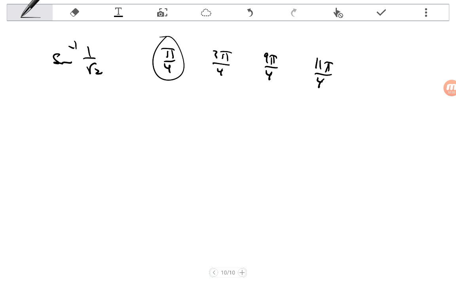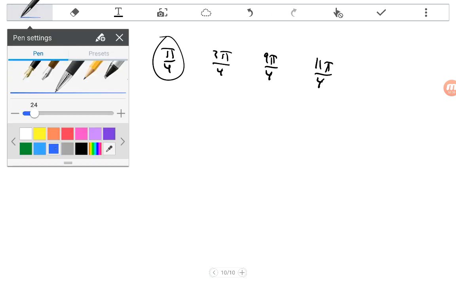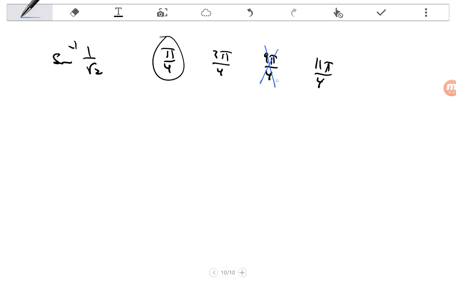It is just pi over 4. It will give me just one angle, which is from negative pi over 2 to pi over 2. These are rejected. This is greater than pi over 2, so these values will never give me an angle like this.